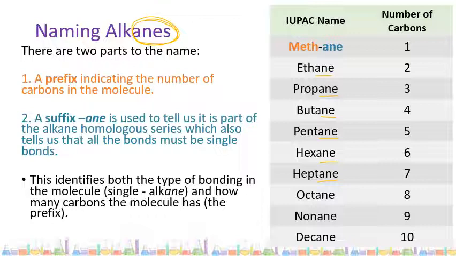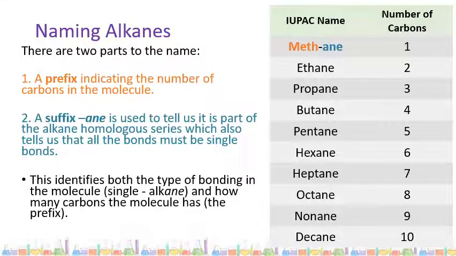Hearing the word ethane here, I know, because I've learned them off, that eth is 2 carbons, and I know that my molecule is from the alkane series because of the ending ane. Knowing what I know about alkanes, I should be able to work out that all of the bonds in this molecule would be single.